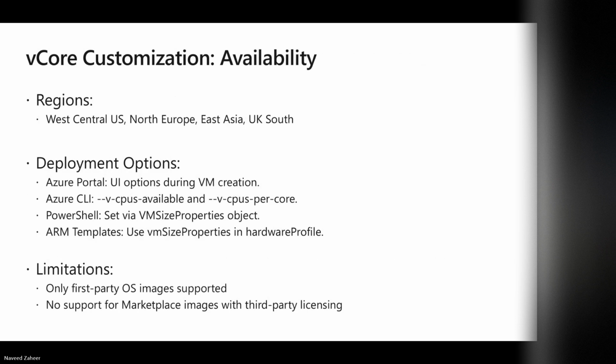First of all, as I said, this is available through the Portal during VM creation. You can use the CLI, PowerShell, or ARM templates. Only certain regions are supported, as you can see, so you cannot deploy it in other regions. Just keep in mind, when I say limited public preview, it means you have to sign up for it.